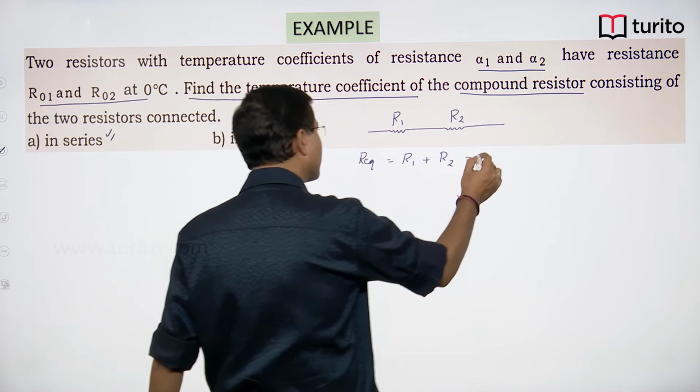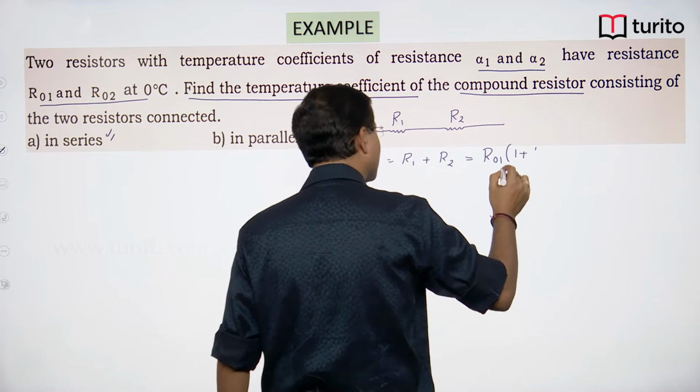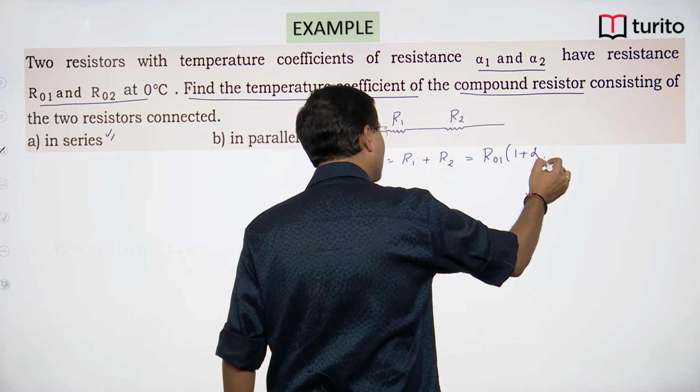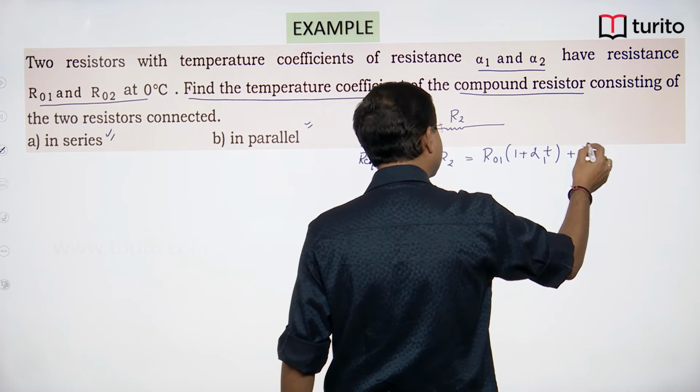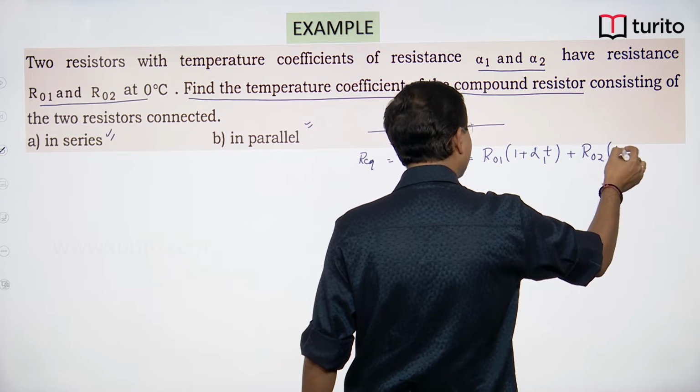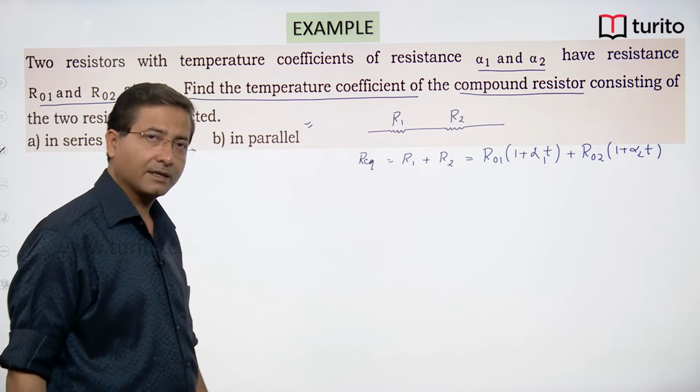I can write R01 into 1 plus alpha 1 T, for the first one it is alpha 1, plus R02 into 1 plus alpha 2 T. This way I can write.